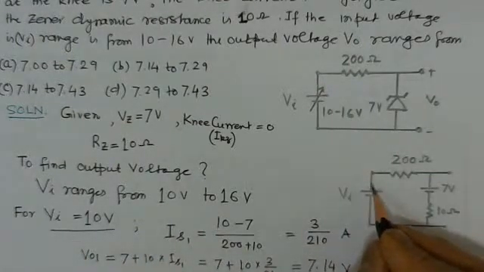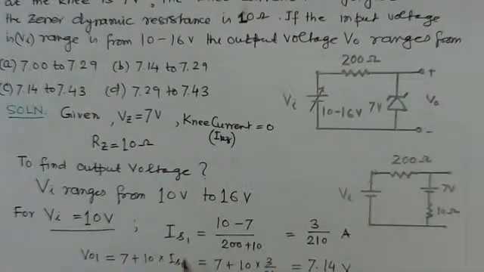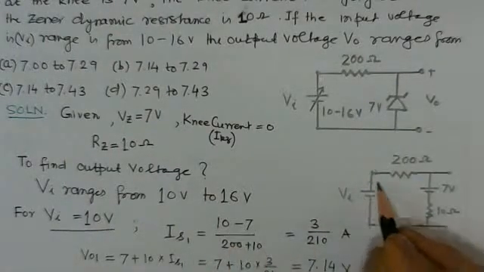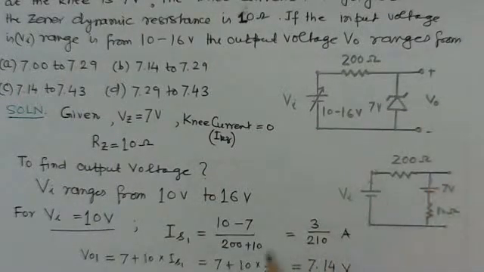When Vi is 10 volts, what is the value of the current flowing in this circuit? Then IS1 is 10 volts minus 7 volts, divided by the resistance, 200 ohms plus 10 ohms, so 210 ohms. So this gives me 3 by 210 amperes current.